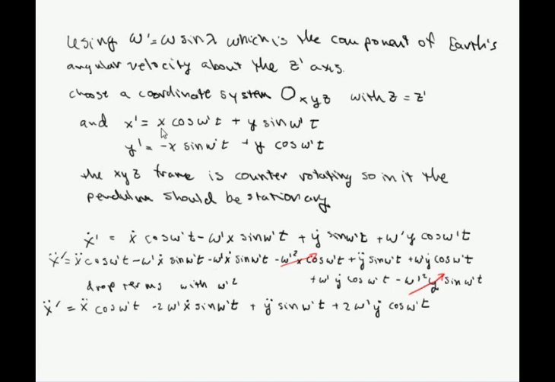If we take the derivative with respect to time of the right-hand side, you get x dot cosine omega prime t minus omega prime x sine omega prime t. That's just taking the derivative of this piece. It's the derivative of the first times the second plus the derivative of the second times the first, and that's what gives you the first two terms here. Then you do it for the second term, the y sine omega prime t, and that's what you get over here.